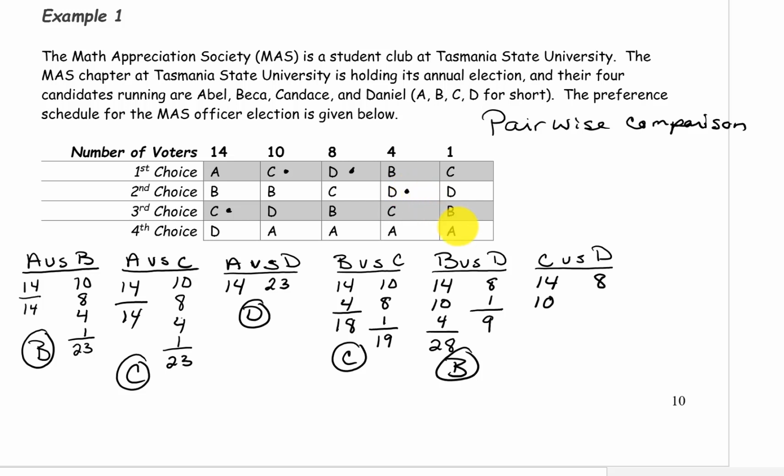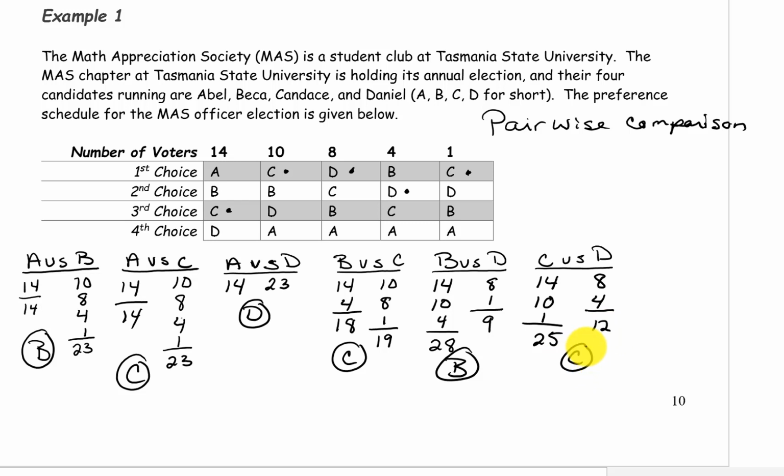And then on the next 4, D is above C, so D will get the 4 votes. And on the last ballot, C is above D, so C will get that 1 vote. So C has a total of 14 plus 10 plus 1, or 25, and D has 8 plus 4, or 12. And so candidate C wins that head-to-head battle.